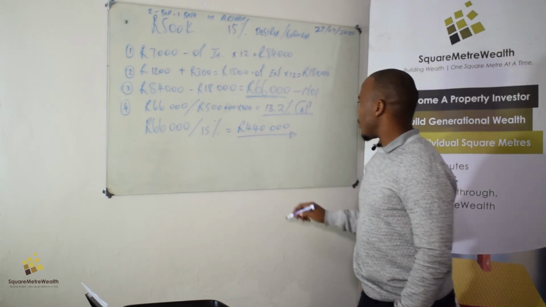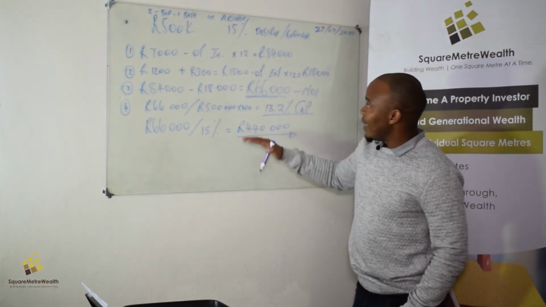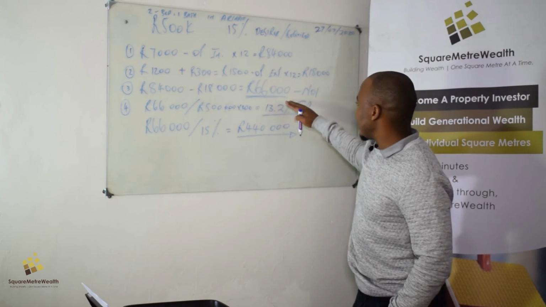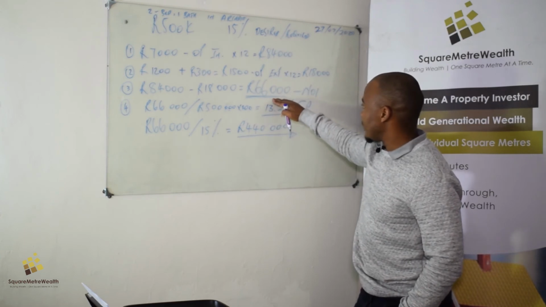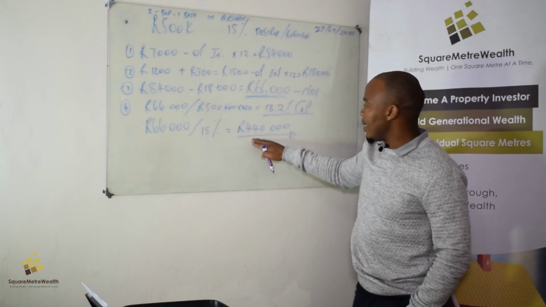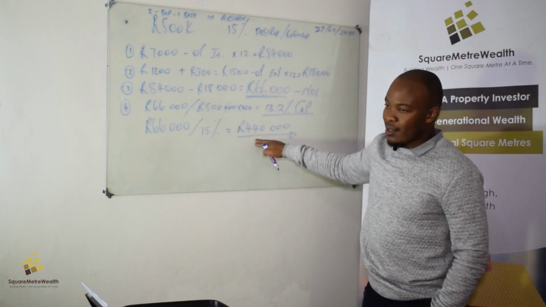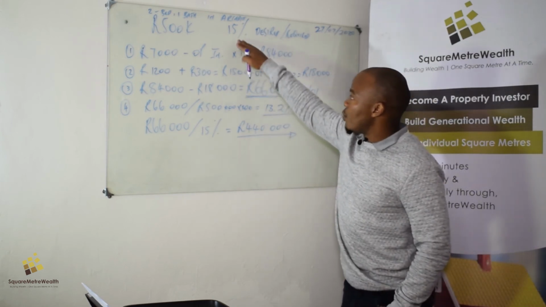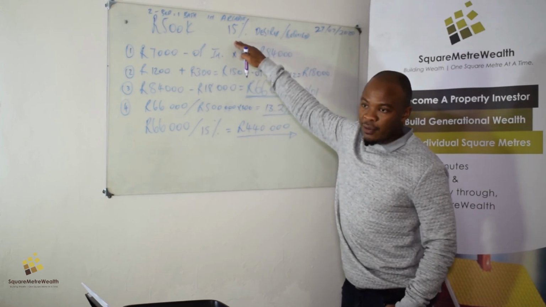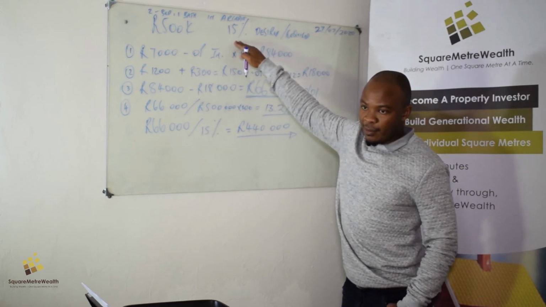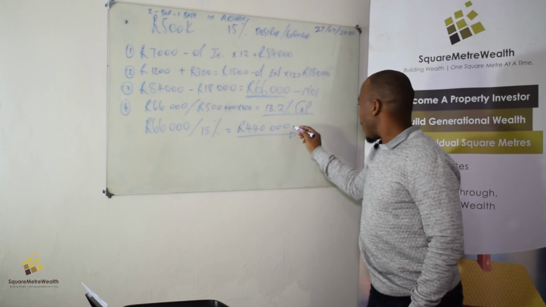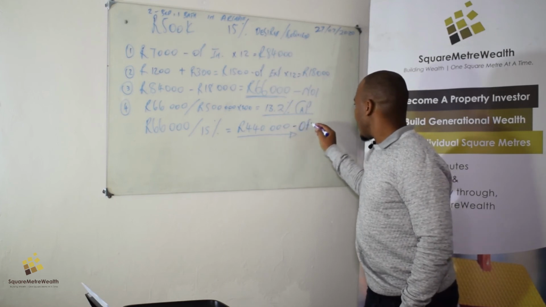What that tells you is that if this is the property generating this net operating income, you should not pay any more than 440,000 Rand, assuming you want to achieve a rate of 15%. This 440 would be your offer amount.